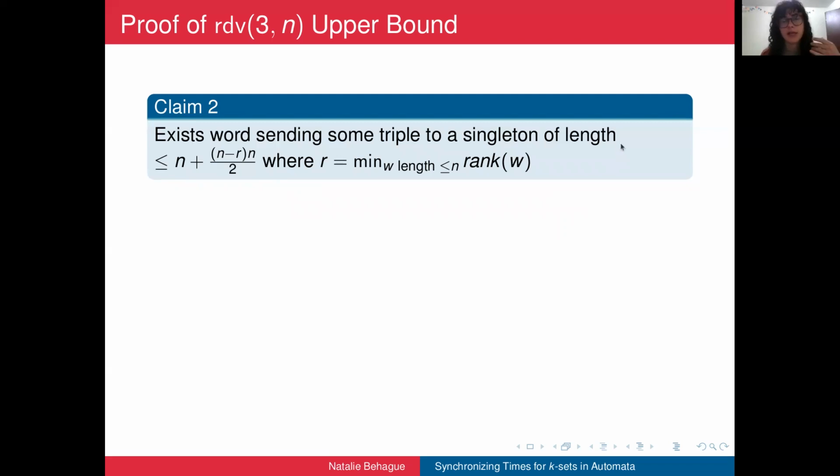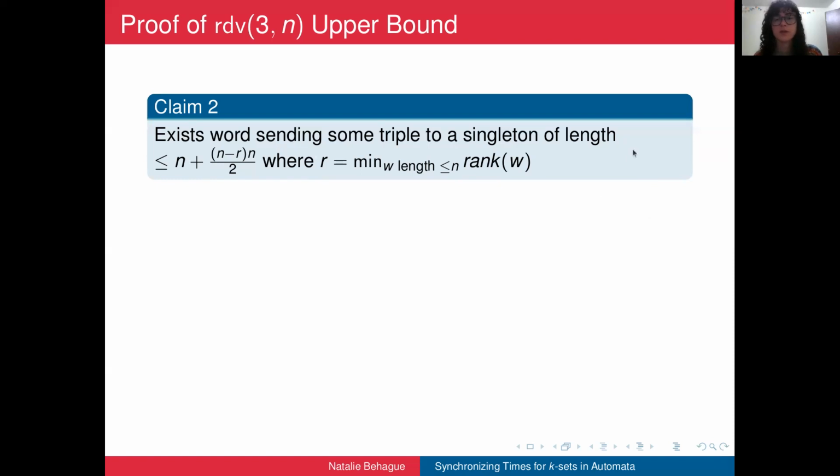So this says there exists a word that sends a triple to a singleton, and its length is at most n plus n minus R times n over 2. And again, R is this minimum rank over all words of length at most n. And it's in claim 2 where we actually use the fact that R is this minimum rank over all words of length n, because in claim 1, we just used that there was some word that had small rank and not too much length.